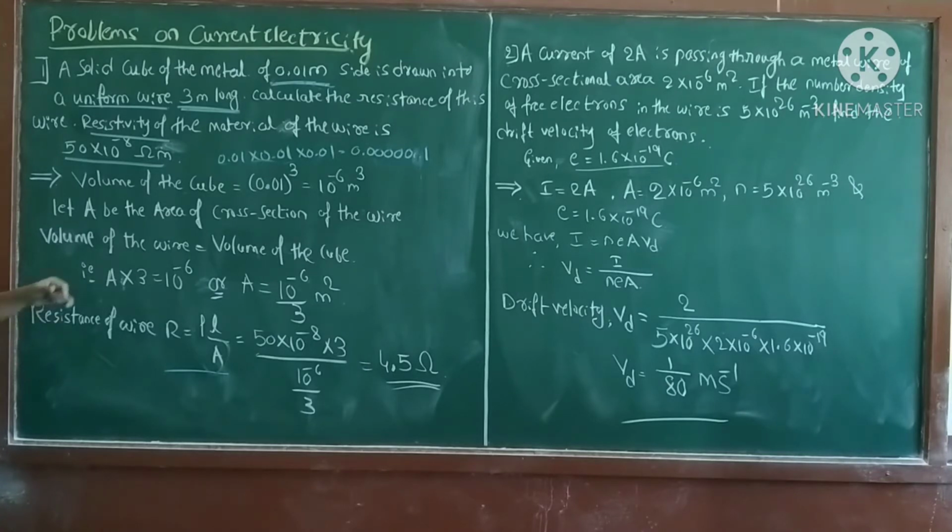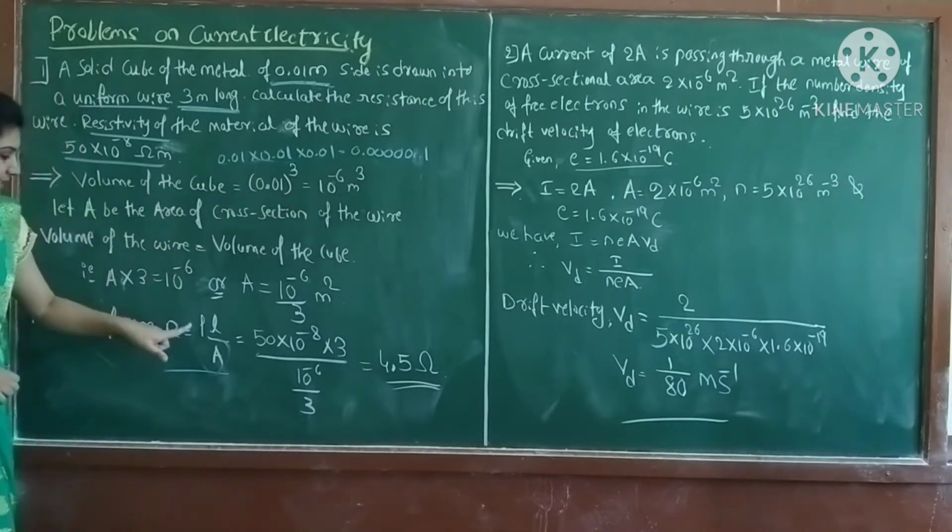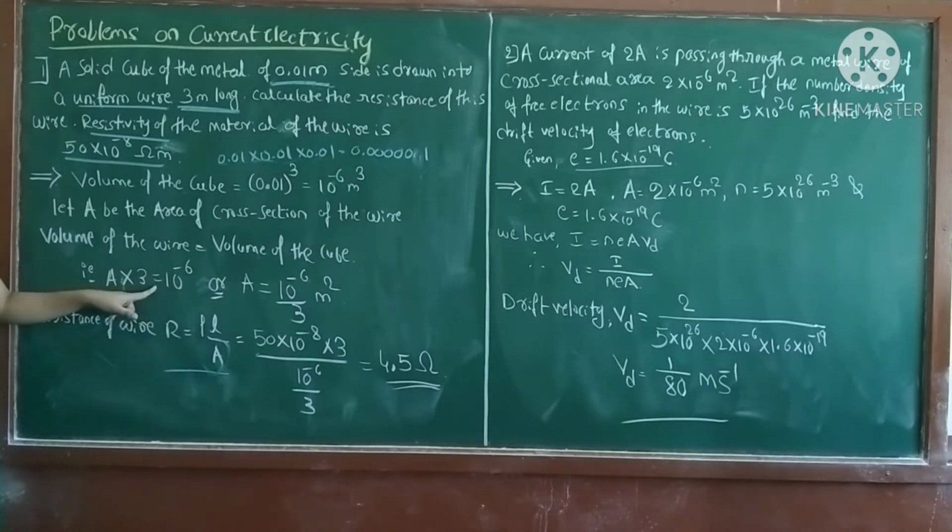So now we can write A into 3 is equal to 10 to the power minus 6, the volume of the cube we calculated, which is equal to the volume of the wire.